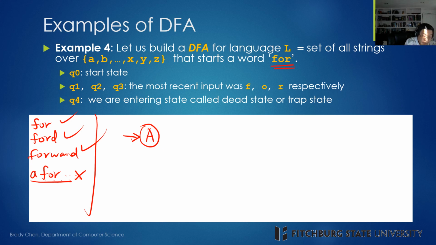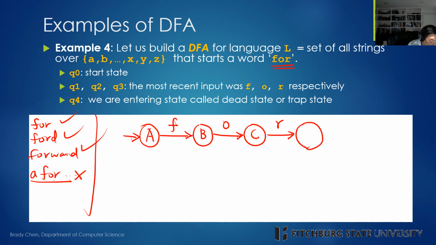Suppose everything goes well. So we start with the initial state A, and the first input character is F. That's good, right? It's one step closer to the word FOR. So then we reach B. And then if the next input value is O, then we reach C. And then the next one is R, which is good, right?